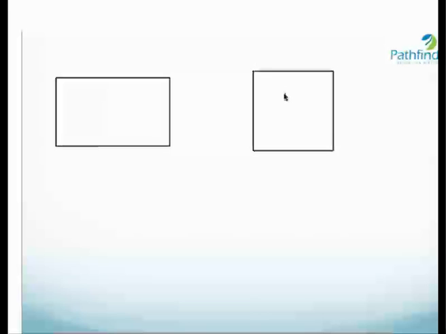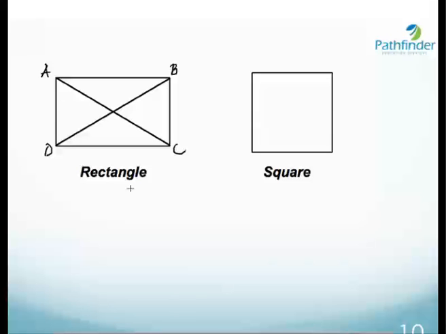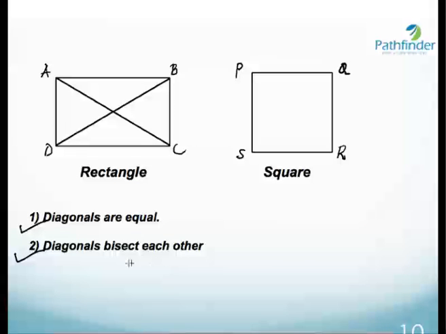Nothing much here. The only thing that you need to remember is, in case of a rectangle, the diagonals are equal, and because they are a special case of parallelograms, they also bisect each other. So we have a rectangle ABCD and square PQRS. In case of a rectangle, you need to remember the following. Number one, diagonals are equal. And number two, diagonals bisect each other.